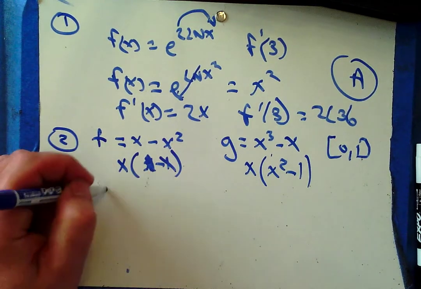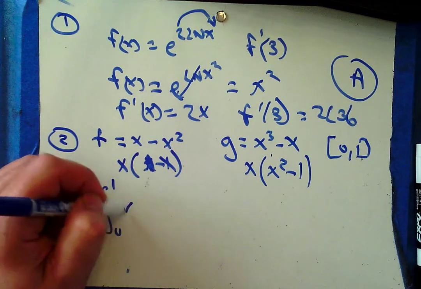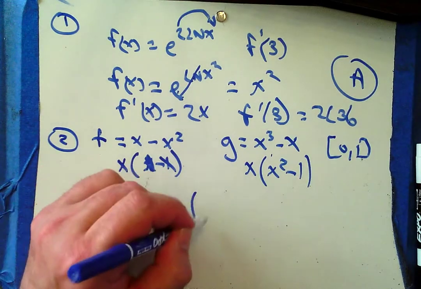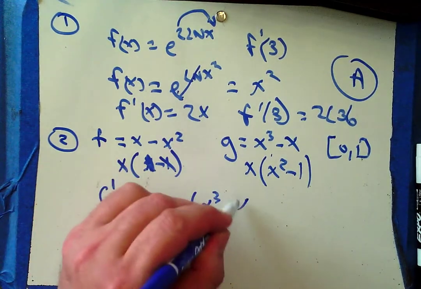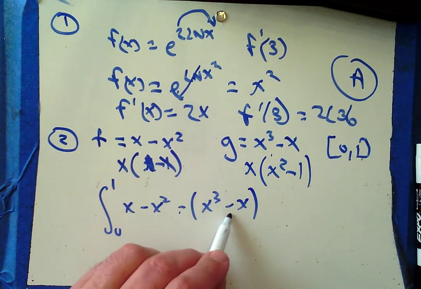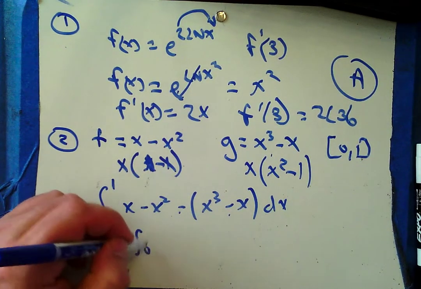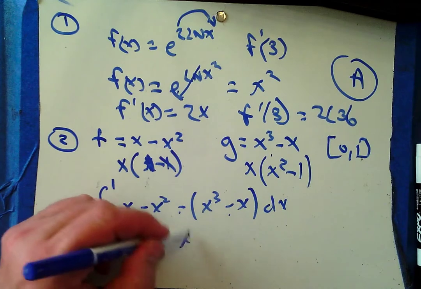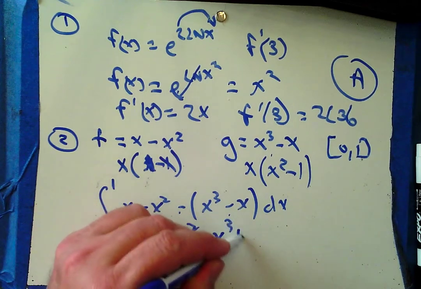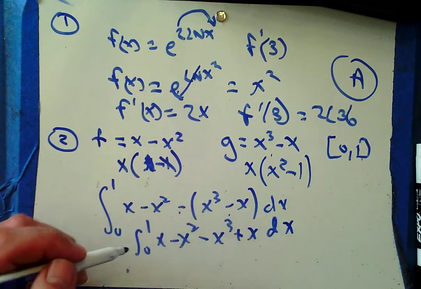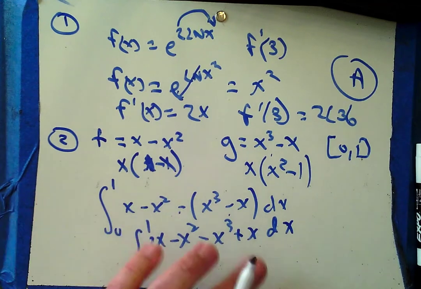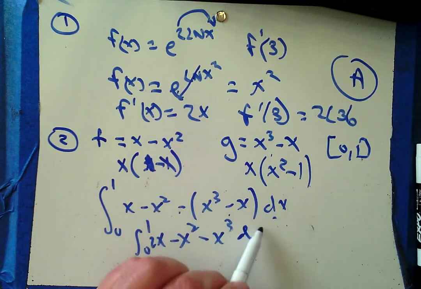Okay, so that's going to be the integral from 0 to 1 of x minus x squared minus x to the third minus x. Don't forget to distribute that to that dx. And so we get the integral from 0 to 1 of x minus x squared minus x to the third plus x dx. That's the integral of 2x.